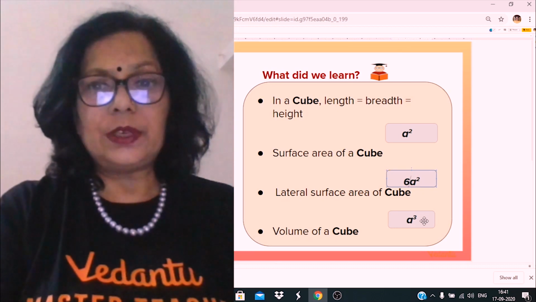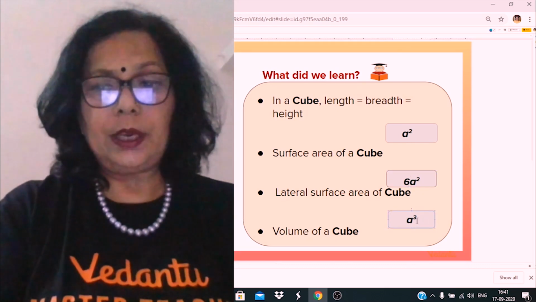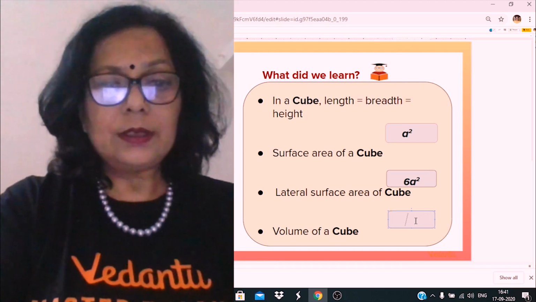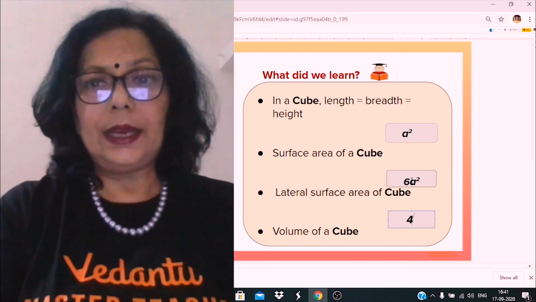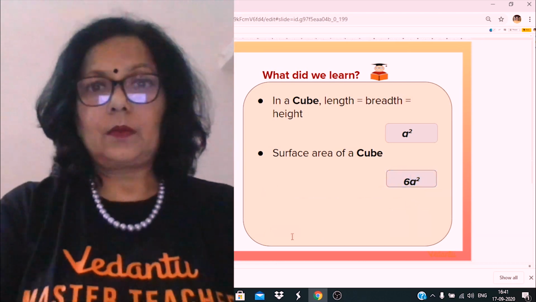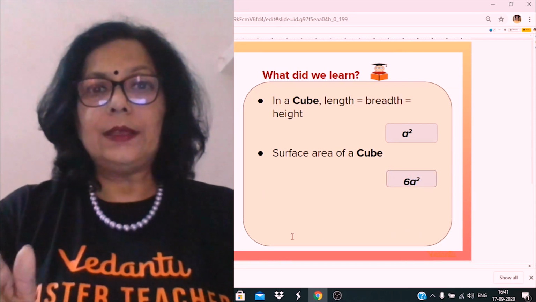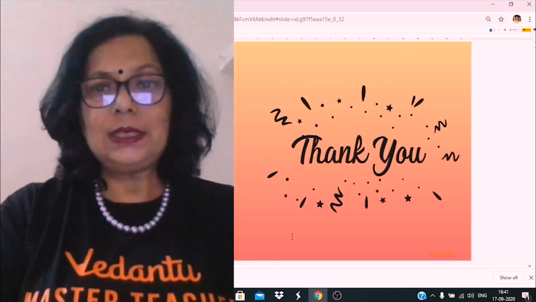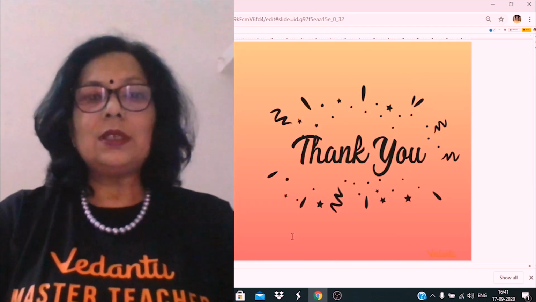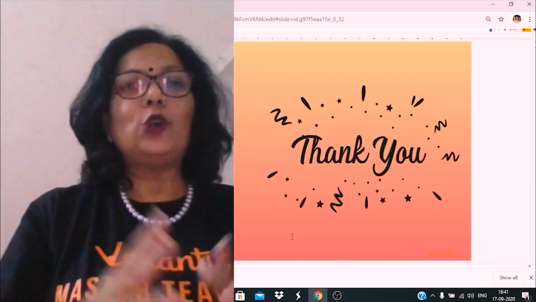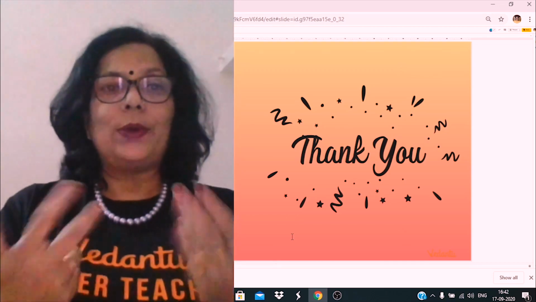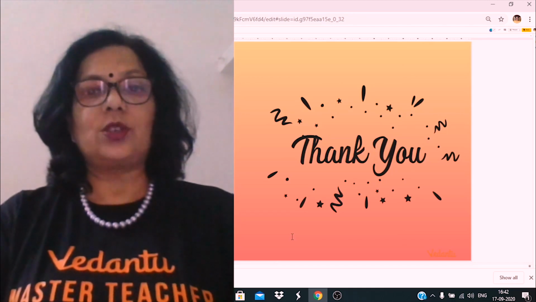The lateral surface area will be 4a square. In a cube, length is equal to breadth is equal to height, it is a square. Surface area of a cube is 6a square. So this is how you learned how to find out the area of the cube and cuboid, and questions we'll be practicing in our next sessions.